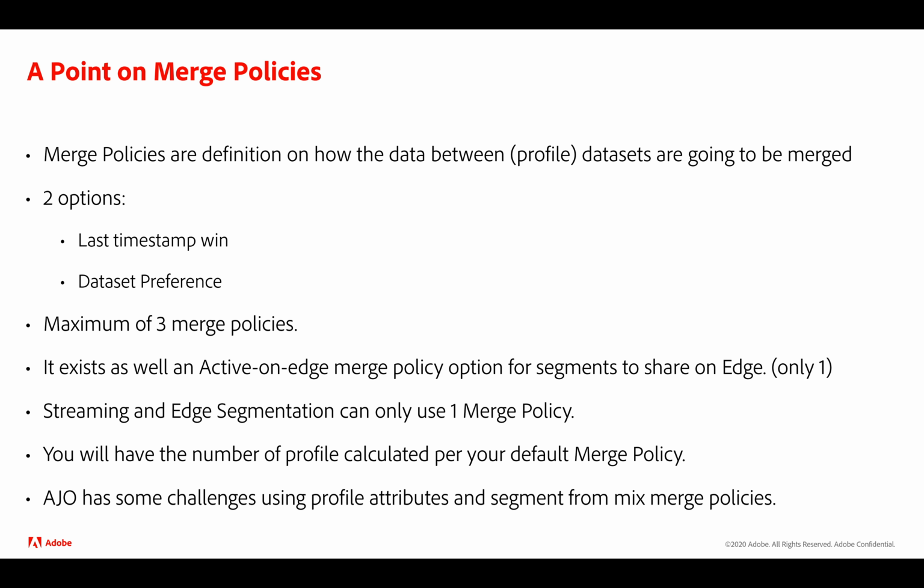So AGO is one of the services, and AGO has some challenges if you are using multiple merge policies. It has some difficulties handling information coming from two merge policies, as AGO has the capability to look for specific profile attributes. By default, once you want to enter a journey, AGO stands for Adobe Journey Orchestrator.